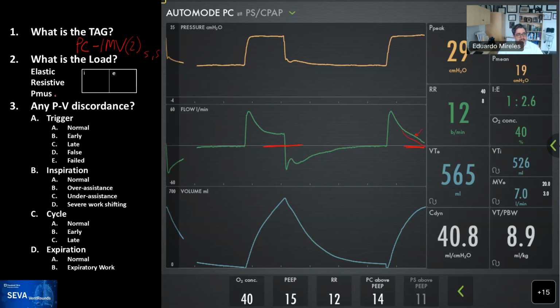So during the inspiration there's load, and so I cannot really comment on if it's resistive or elastic. And during expiration, it seems to be decaying passively after this inspiratory effort here. It seems to go passively, and you could potentially think that this is resistive. So I would venture in saying that it's resistive, although it could be patient effort, but I will put resistive.